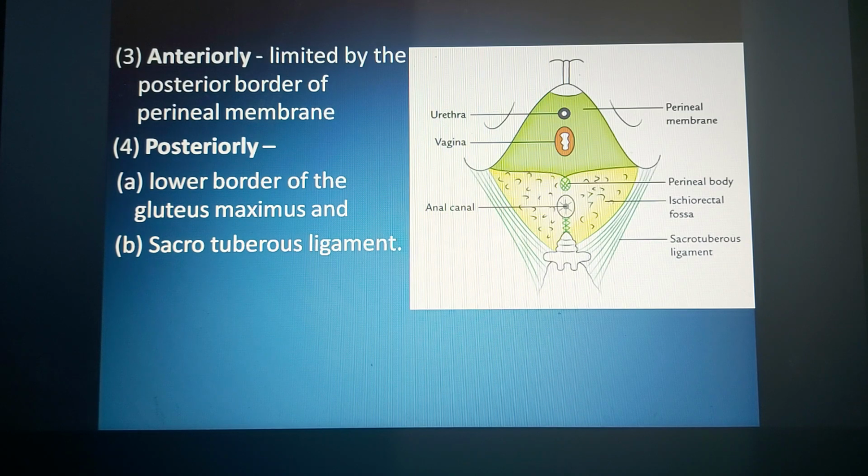Posteriorly, by the lower border of the gluteus maximus and also the sacrotuberous ligament. So this is the anterior boundary, and this one is the posterior boundary by the sacrotuberous ligament and the lower border of the gluteus maximus muscle.